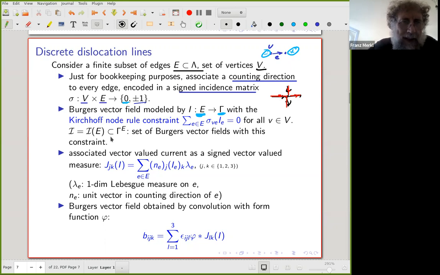So this reflects that these dislocation lines cannot stop at a point, because it's coming from a curl, and the divergence of a curl is always 0. So in our discrete description, this is something like the divergence of a curl field is always 0.